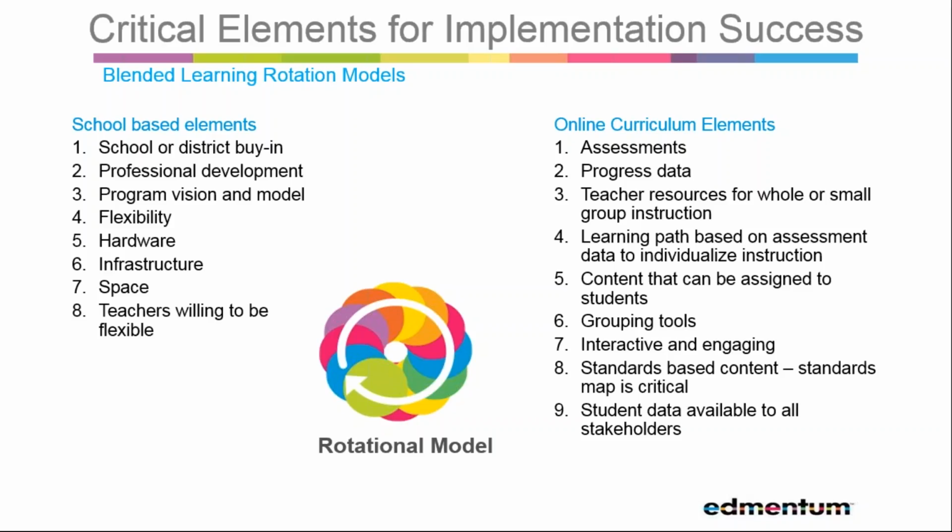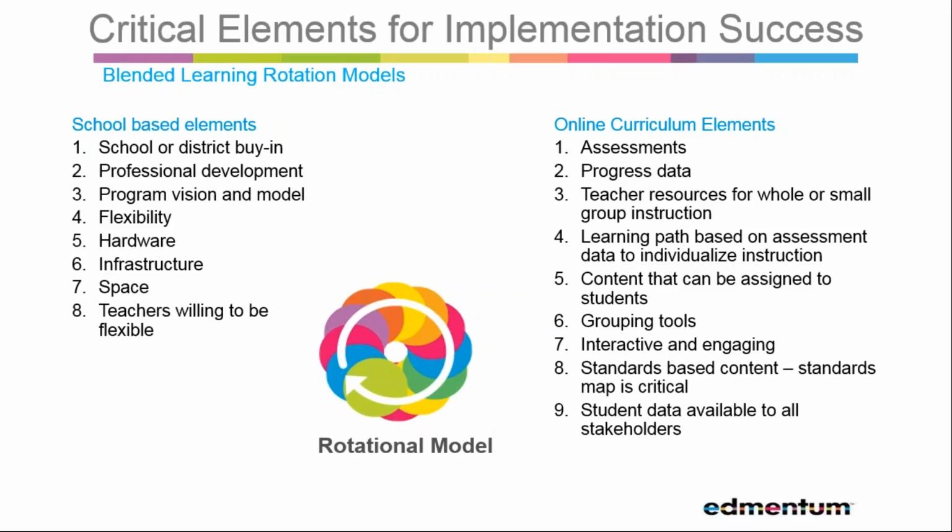So really to summarize some of these critical elements for success, I wanted to work and break these down into kind of school-based and then online curriculum-based elements. So you have a really solid idea of what the two of these can do. So in a school-based element, obviously it's crucial to make sure you have the vision, right? You have the flexibility. You have a staff who is really excited and flexible and willing to try something unique or different.